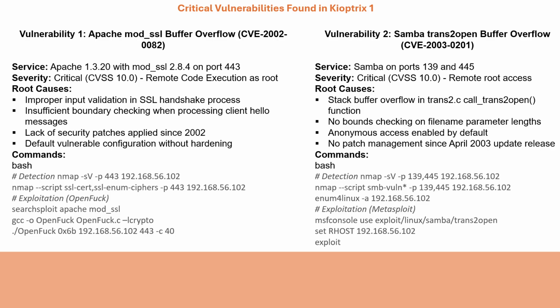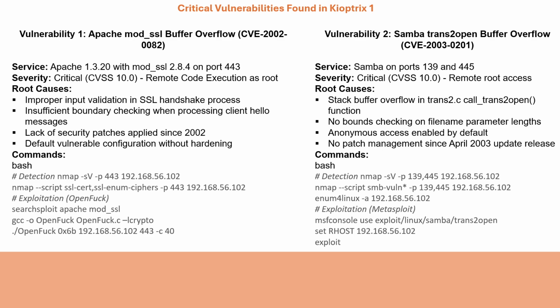So with the help of the Nmap scan, I was able to identify two critical CVSS 10 vulnerabilities in my Chaotic 1. The first is an Apache mod_ssl buffer overflow with its CVE, as you can see in the screenshot, which allows remote access due to improper SSL handshake validation and a missing boundary check.